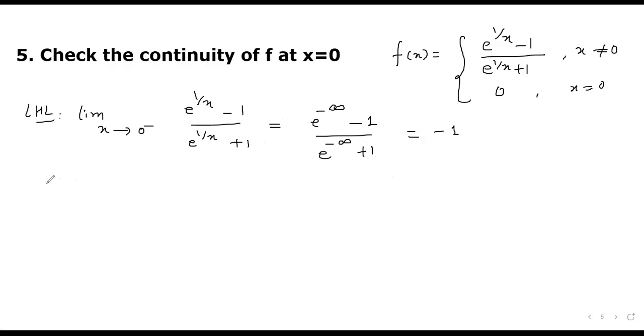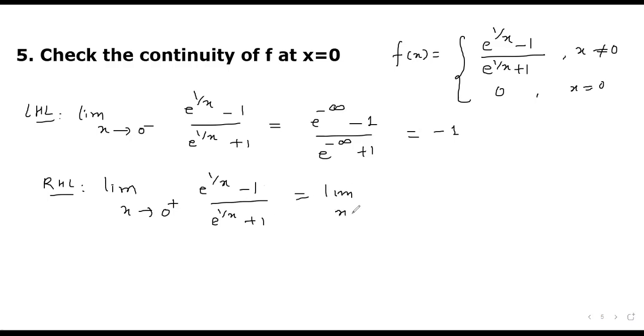Now consider RHL: limit x tends to 0 plus of e power 1 upon x minus 1 divided by e power 1 upon x plus 1. This can be written as limit x tends to 0 plus of 1 minus 1 upon e to the power 1 upon x divided by 1 plus 1 upon e to the power 1 upon x.